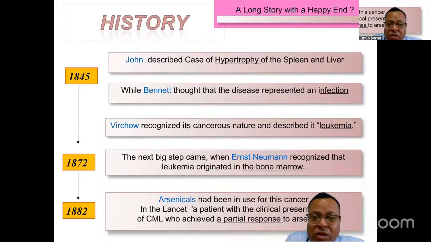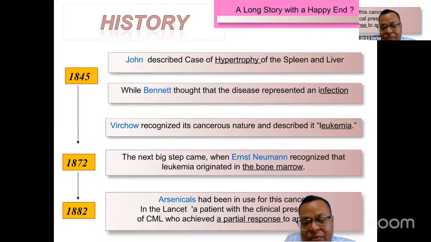If we talk about the history of CML, it starts almost 200 years back, when Mr. Jones described a case of hypertrophy of the spleen and liver. A few years later, Bennett thought that this disease represented an infection. After almost 30 years, Virchow recognized its cancerous nature and described it as leukemia.